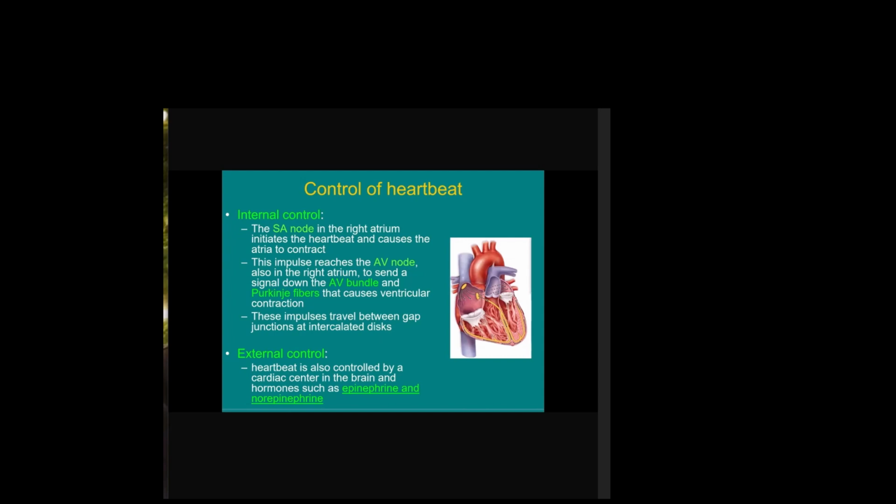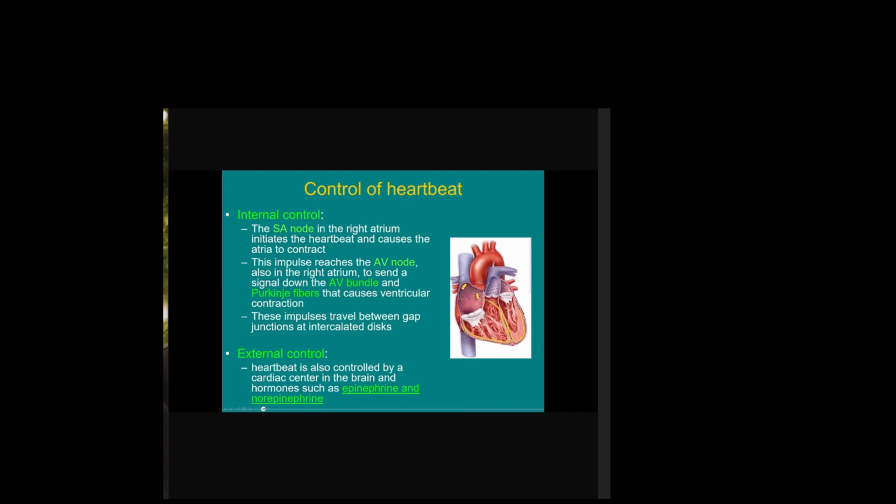So what is it that accounts for the heartbeat? We said there is a node called the sinoatrial node, and then there is another node called the atrioventricular node, this one, and then you have these nerve fibers called Purkinje fibers that span almost from the middle to the lower portions of the heart.